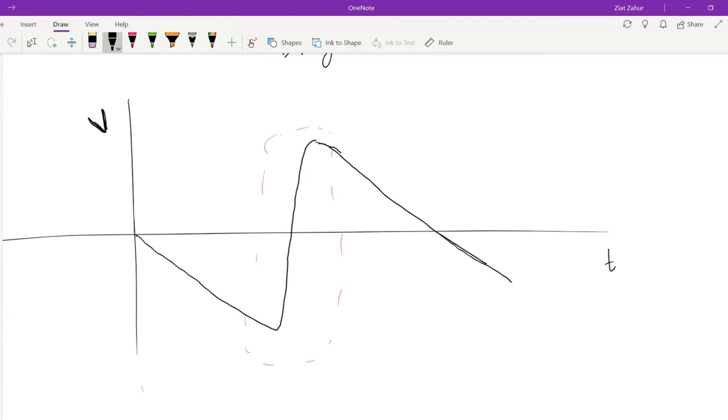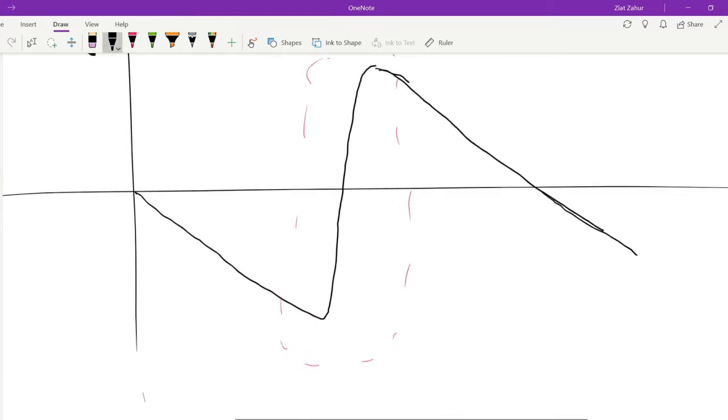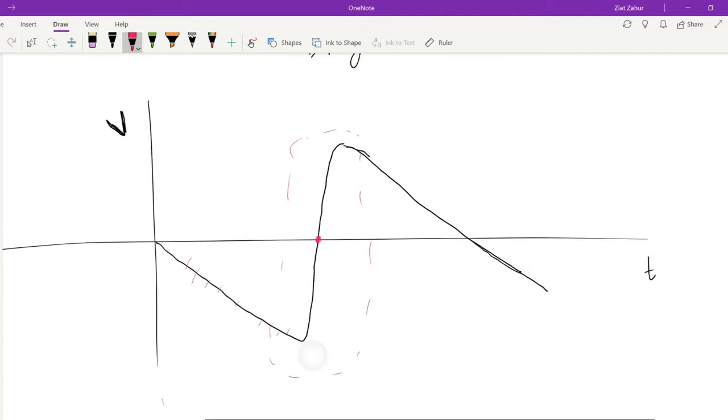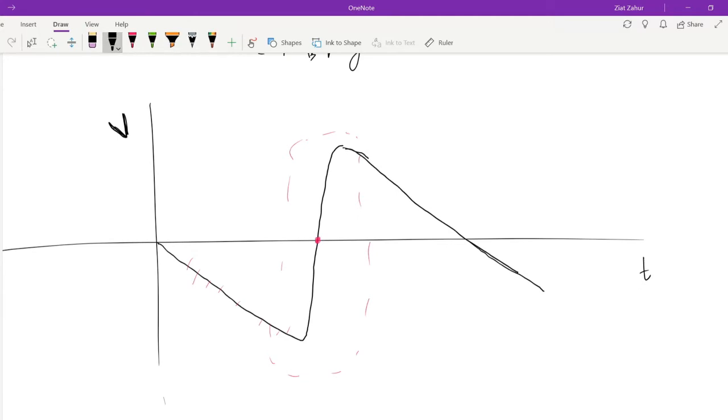And so now the velocity, it's not just the downwards portion, all the way up to here, my velocity is negative, right? So velocity is down below the x-axis.